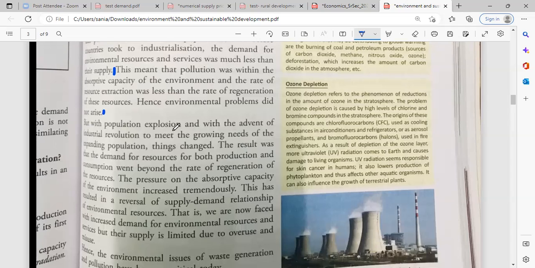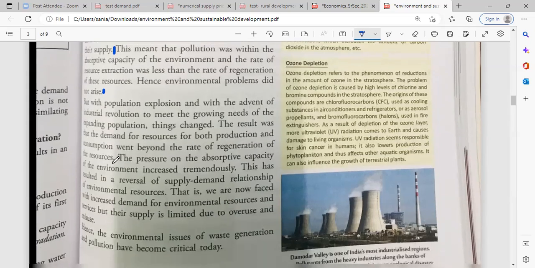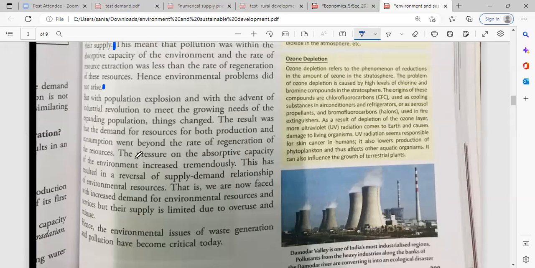But with population explosion, as the population started exploding, and with the advent of the industrial revolution, to meet the growing needs of the expanding population, things changed. The result was that the demand for resources for both production and consumption was beyond the rate of regeneration of the resources. The pressure on the absorptive capacity of the environment increased tremendously.